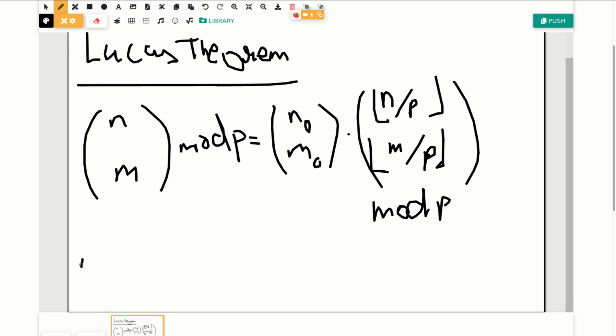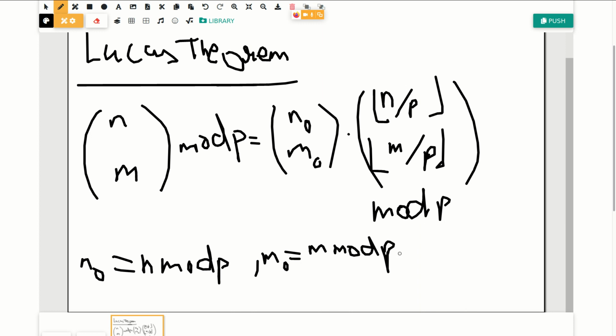N naught is equal to N mod P, and M naught is equal to M mod P over here.